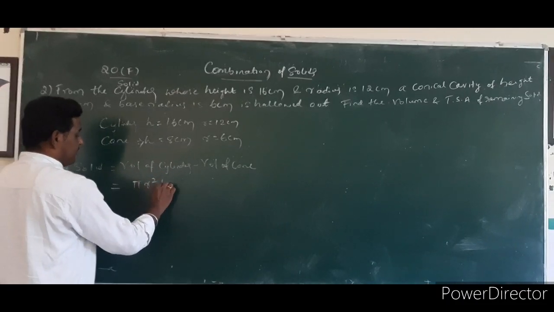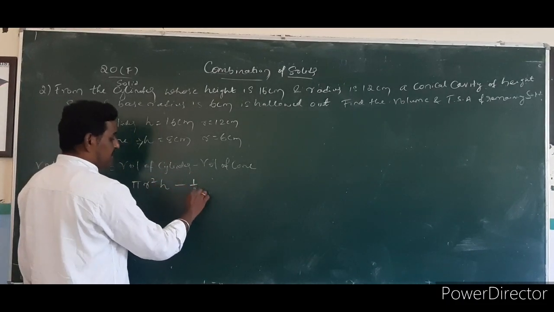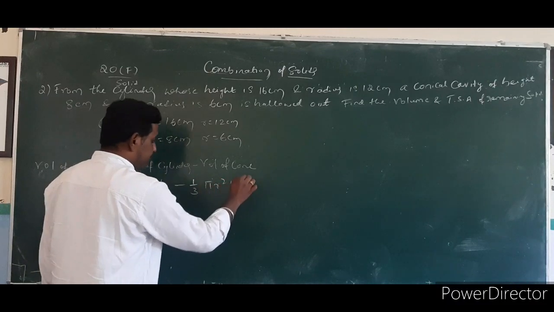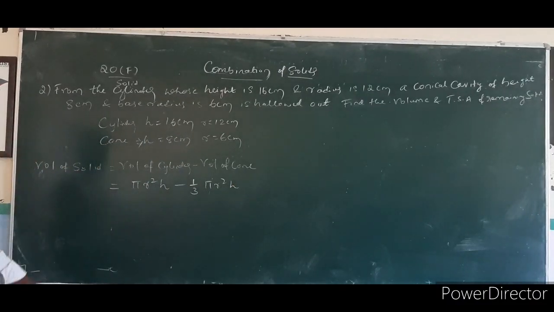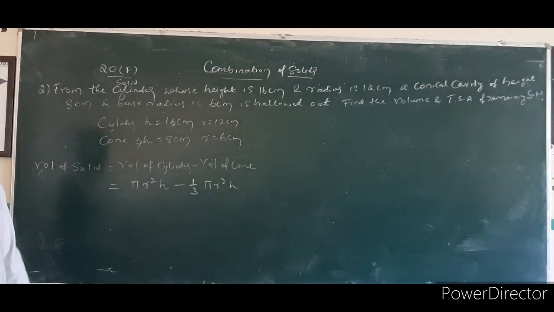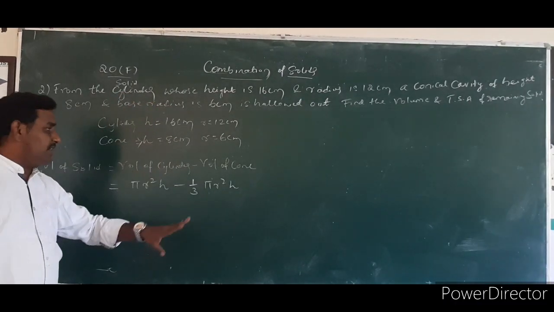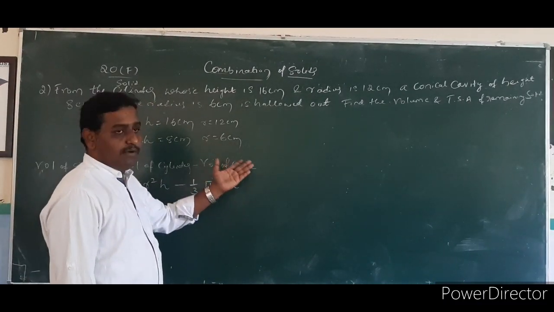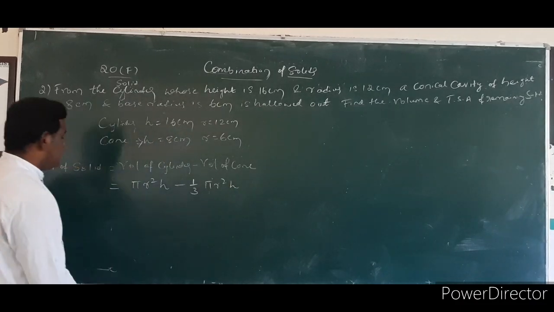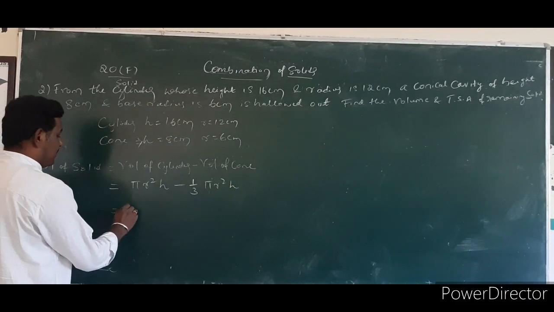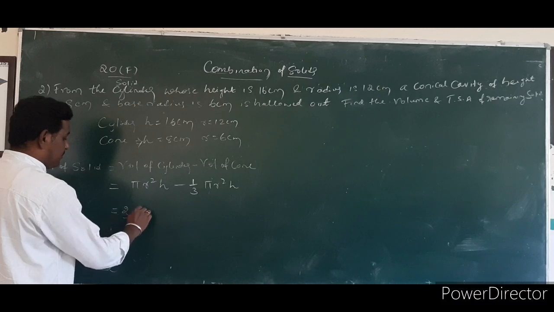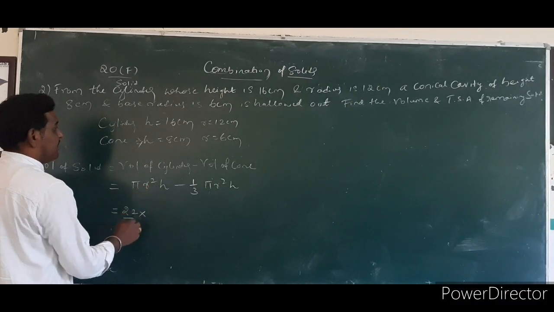Pi r square h. And cone is 1 by 3 pi r square h. Here you are not taking r and h as common, because for the cylinder and the cone the values of r and h are different. So that's why you find them separately. 22 by 7. What is the cylinder r?